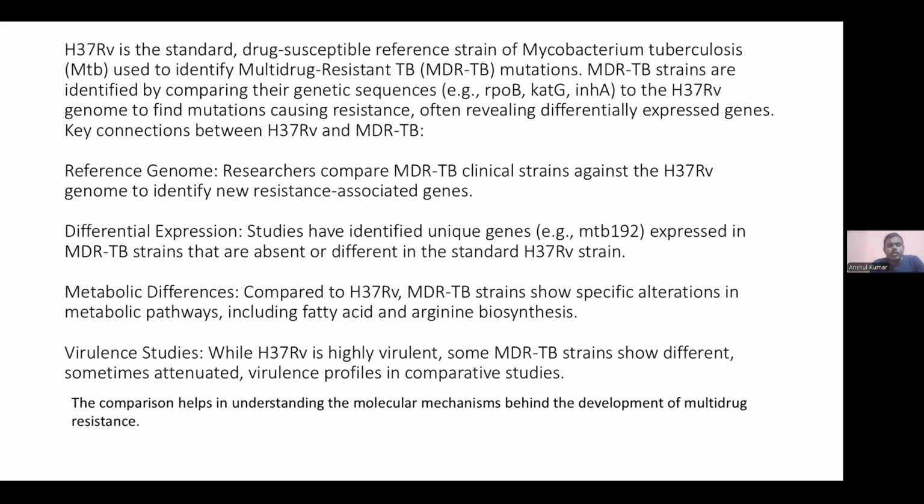Metabolic difference: compared to H37Rv, MDR-TB strains show specific alterations in metabolic pathways, including fatty acid and arginine biosynthesis. Virulence study: while H37Rv is highly virulent, some MDR-TB strains show different, sometimes attenuated, virulence profiles in comparative studies. So the comparison helps in understanding the molecular mechanism behind the development of multi-drug resistance.